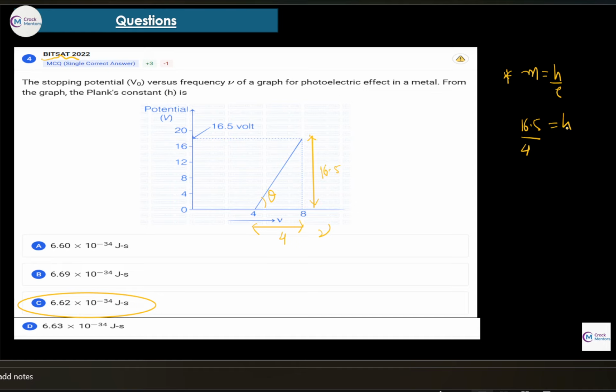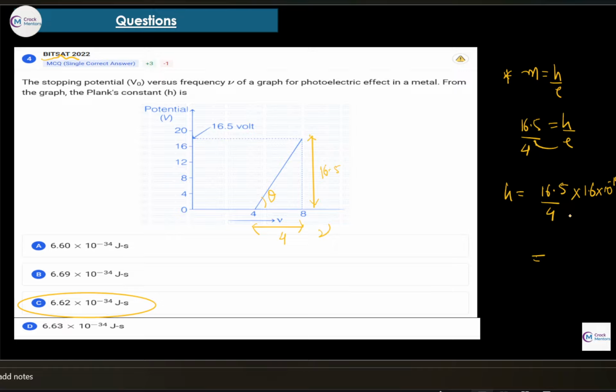Then after solving this, h upon e, we are going to put the value of the electron charge here. Then h is nothing but 6.5 upon 4 into 1.6 into 10 to the power minus 19. Let me calculate the value.